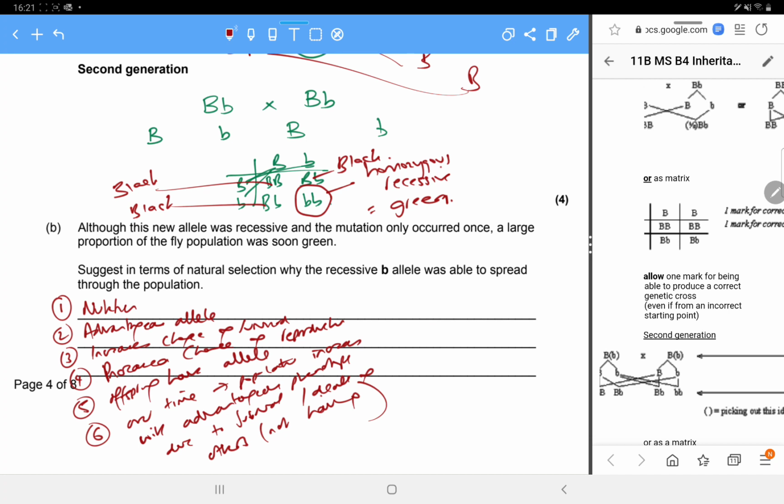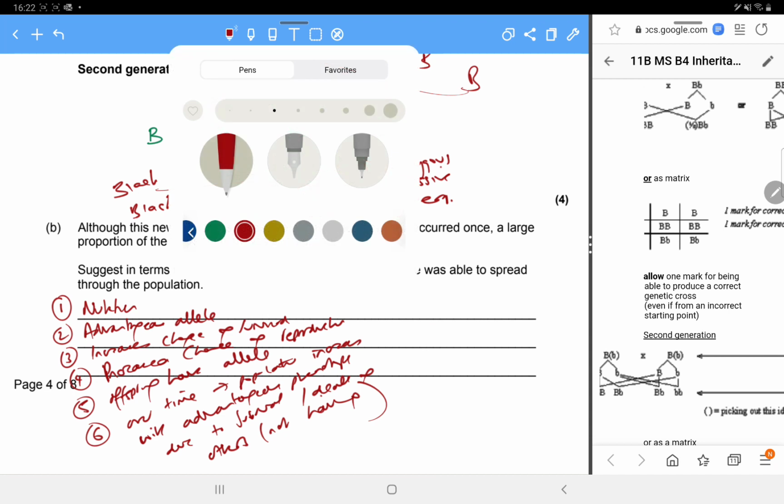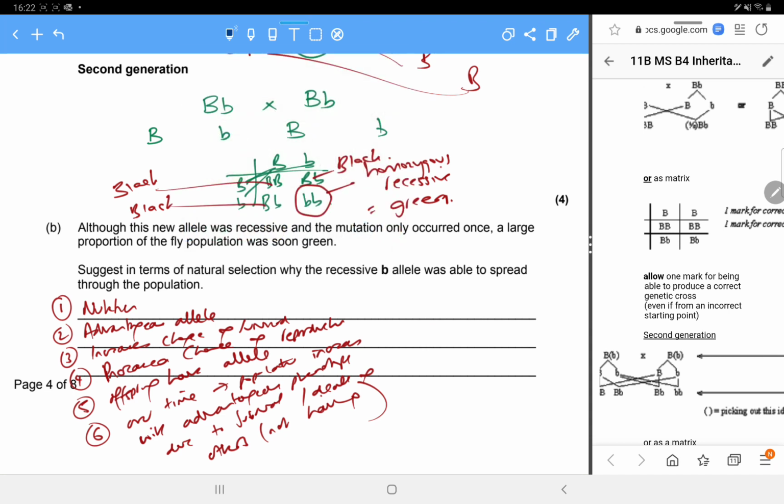So whenever we get an evolution question or a natural selection question, this is our process. And now we just need to think for 3 marks, which is the relevance here? Well, we've already done the alleles, okay? So the mutation has gone, but we can say that there's an advantageous allele, which actually we should say goes to the phenotype.